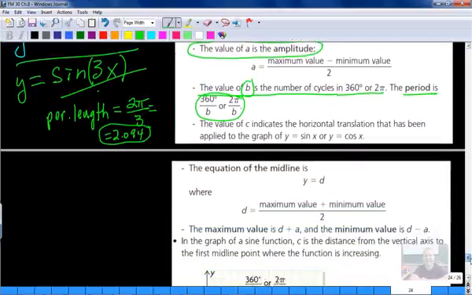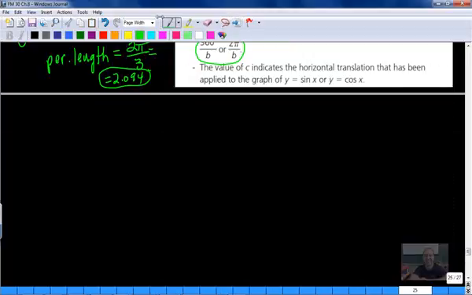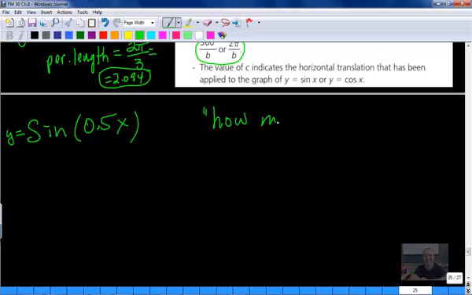So what that means is, and I'm just going to move down here, these notes will come a little bit later, but what that means is this, is that if we had y equals sine of 0.5x, what would this number mean? It means, okay, b means how many cycles in 2 pi radians, right?